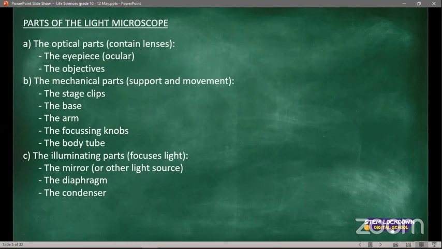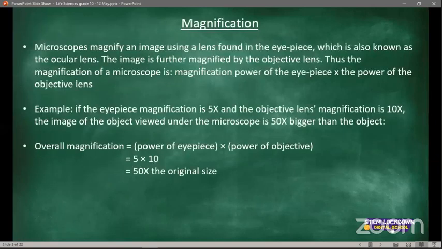Now to continue, we ended here. We are about to start with magnification. So we know that microscopes magnify an image using a lens found in the eyepiece, which is also known as the ocular lens.